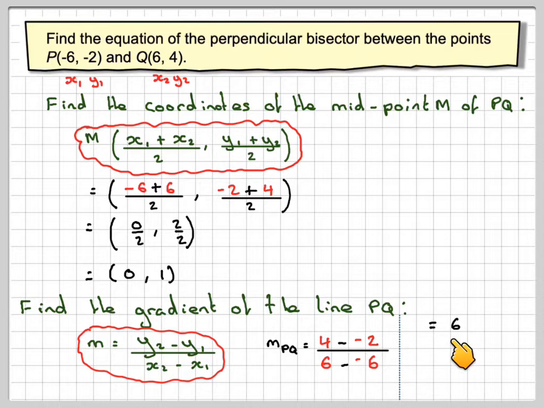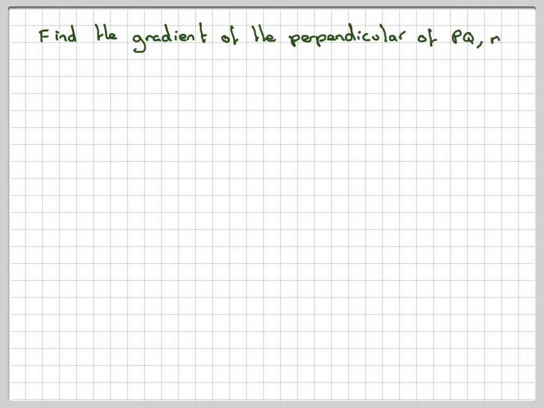That gives me 4 minus -2, which is 4 plus 2, which is 6, and then 6 minus -6, which is 6 plus 6, which is 12. It is also a good idea to simplify any fraction that you get and leave it as a fraction, which is 1/2.